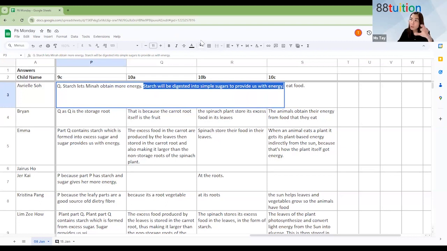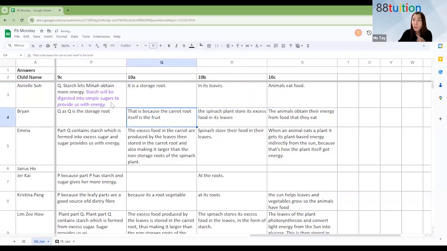The excess sugar is converted to starch to be stored. After we have eaten the starch, the starch will be digested into simple sugar, and that is the energy for us. So if you want to have a very complete answer, I will suggest you copy this down. Don't just say starch gives us more energy. Starch actually is being digested.